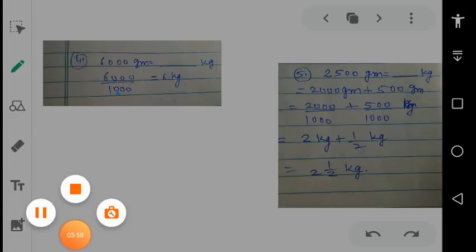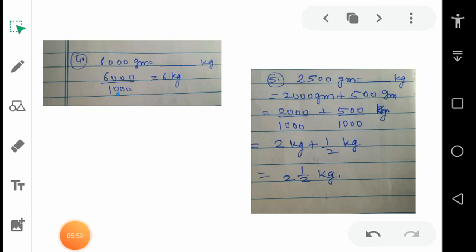Okay. Next one is 2500 gram. Again the same method, we will break 2500 gram into 2000 gram and 500 gram. As we know, easily we can convert 2000 gram into kilogram. So we'll divide by 1000. Both the values we will divide by 1000.